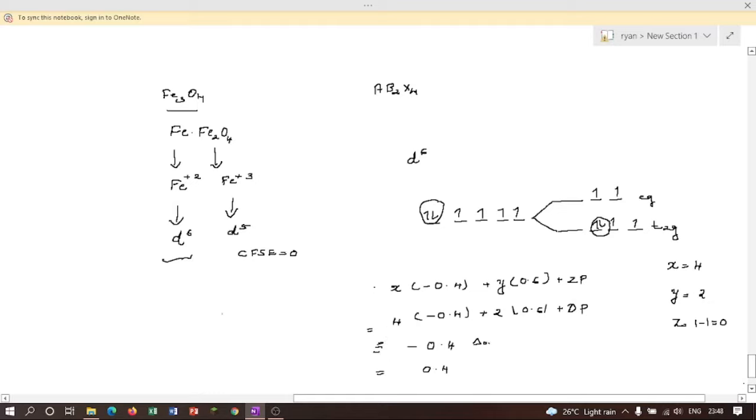Therefore, here the crystal field stabilization energy, CFSE of Fe plus 2 is greater than CFSE of Fe plus 3.